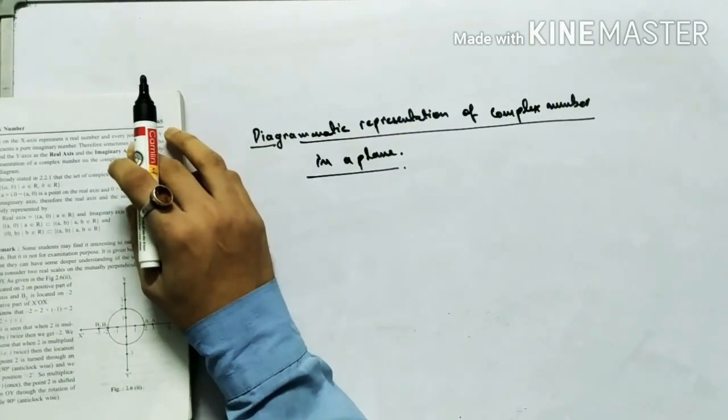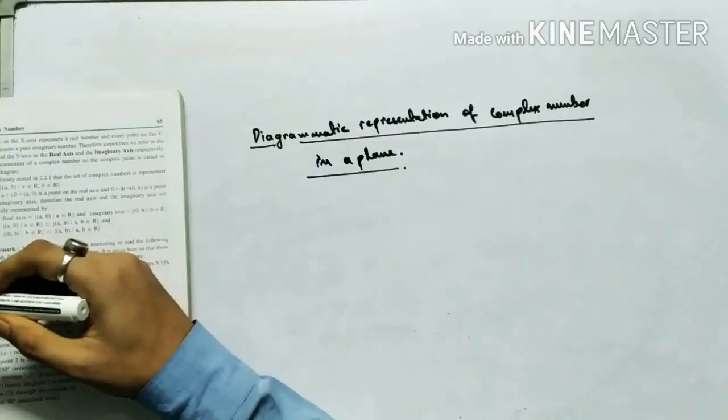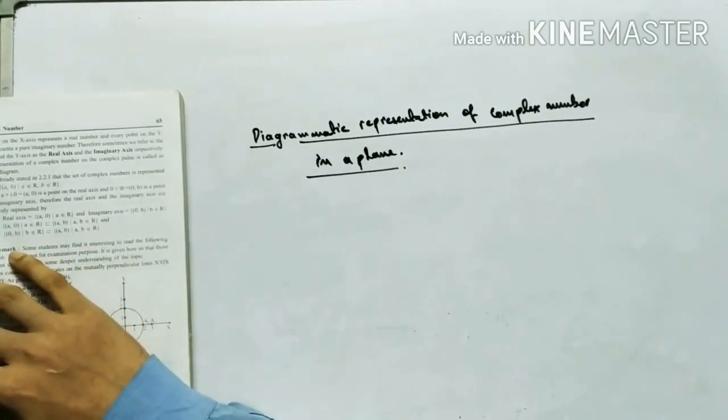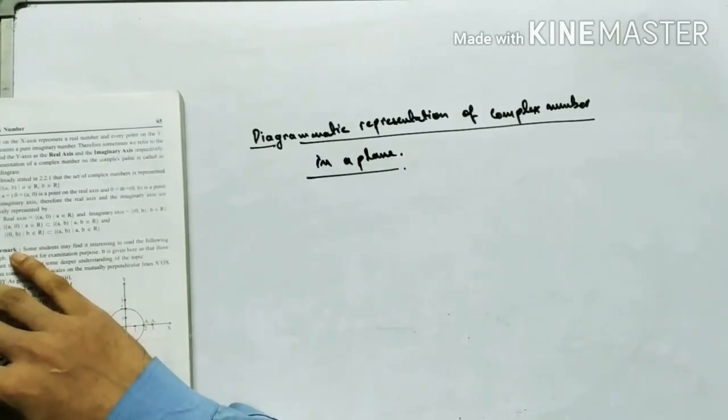You see, we have already discussed that every complex number x plus iy can be represented by an ordered pair of real numbers. Also, we know that if real scales are chosen on two mutually perpendicular axes, which are called x-axis and y-axis respectively, then we can locate any point in the plane determined by these lines by the ordered pair of real numbers xy called rectangular coordinates of the point.